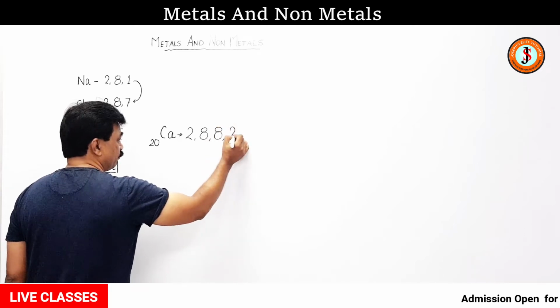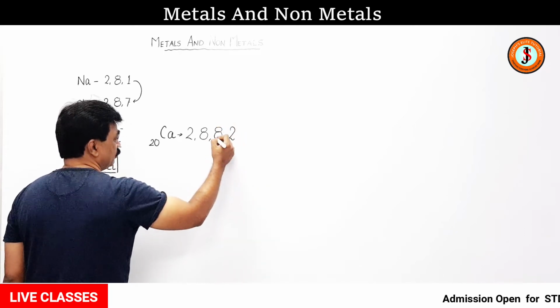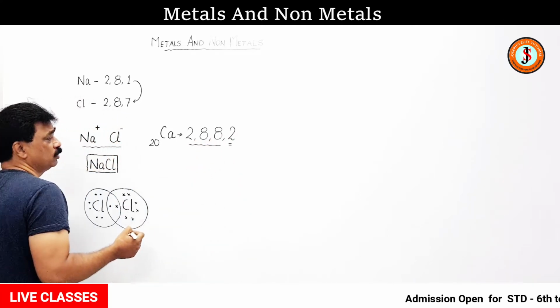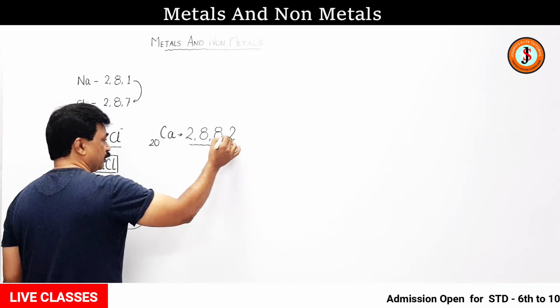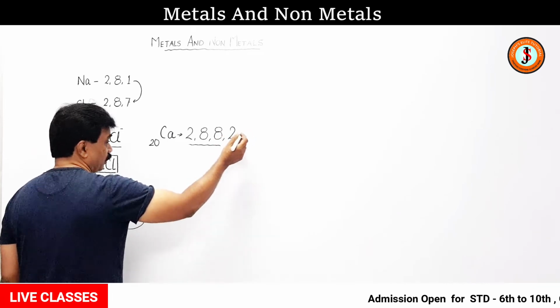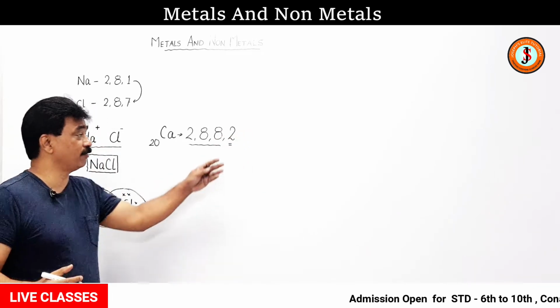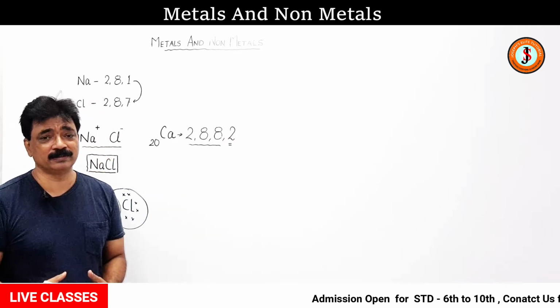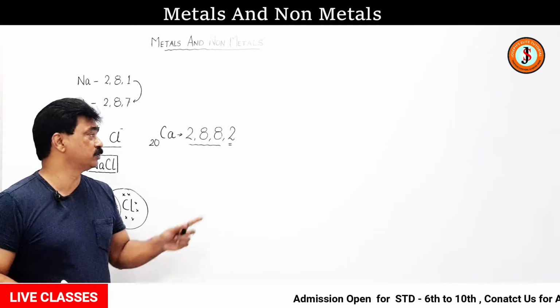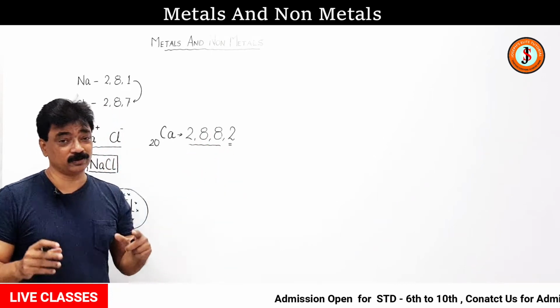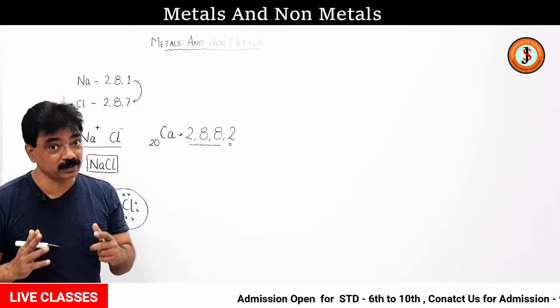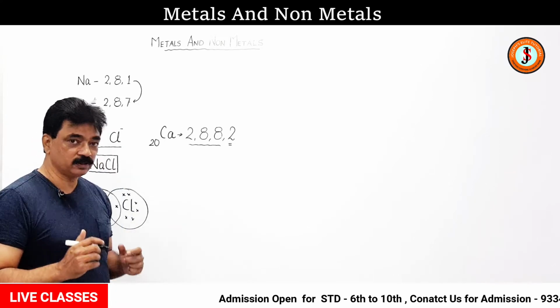That means if it loses 2 electrons, this becomes the configuration of Ca2+. So calcium will lose electrons. You can argue it could have gained 6 electrons, but common sense and energy considerations in bond formation say that losing 2 electrons is easier for calcium, and therefore calcium is a metal.